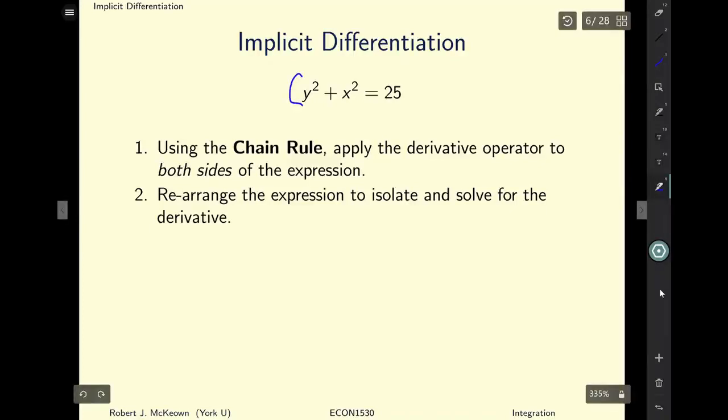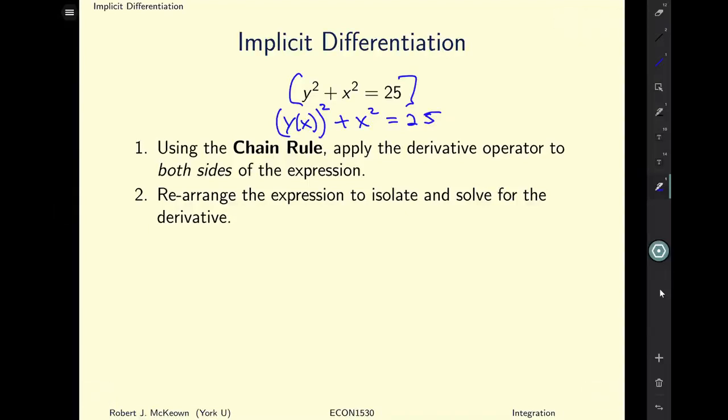Now we've got a recipe here for how to find the implicit differential. Take a look at our example up here. I'm going to give you a trick, but please just realize this is a trick to help you see what's going on. So we know that the value of y depends on x. So for illustration purposes, I'm going to rewrite this expression as follows. I'm going to write y as an explicit function of x, even though that's not entirely true, but I think it's really going to help you see what's going on with this problem.